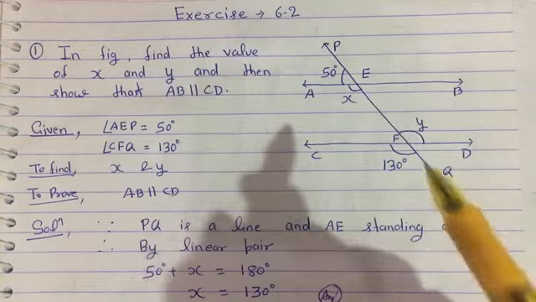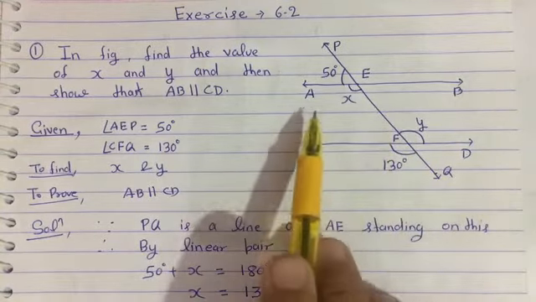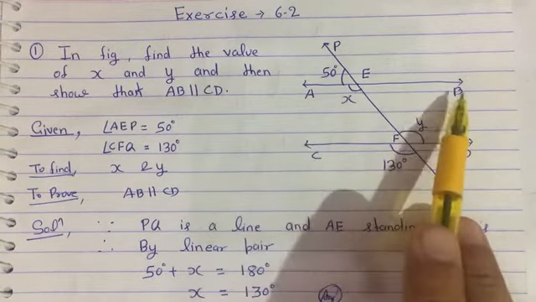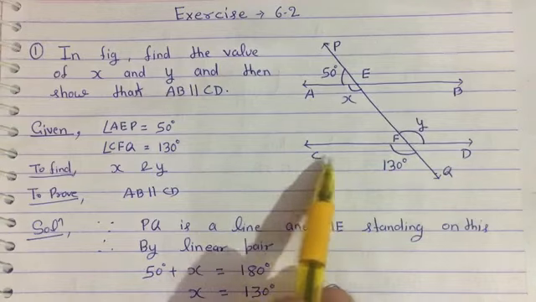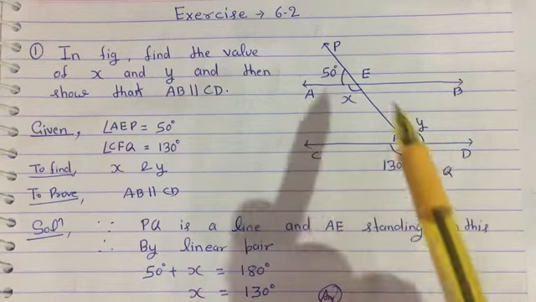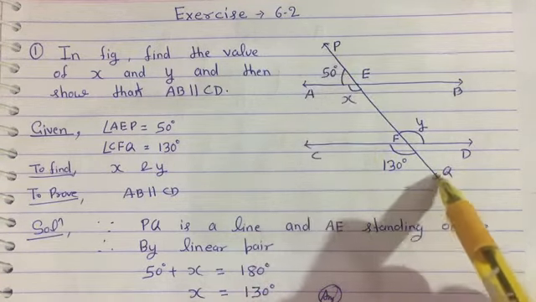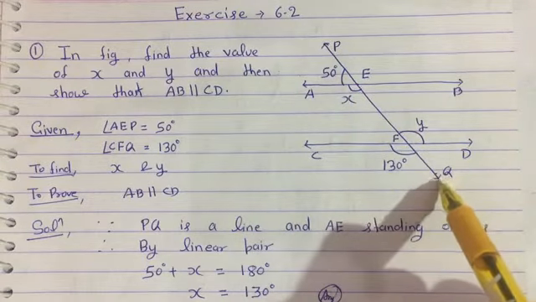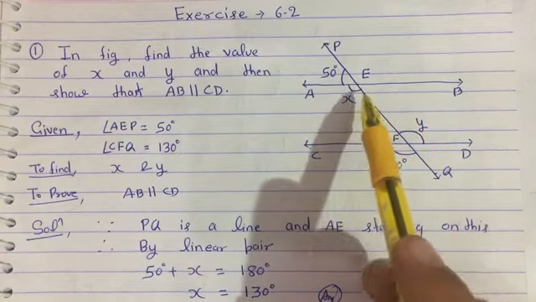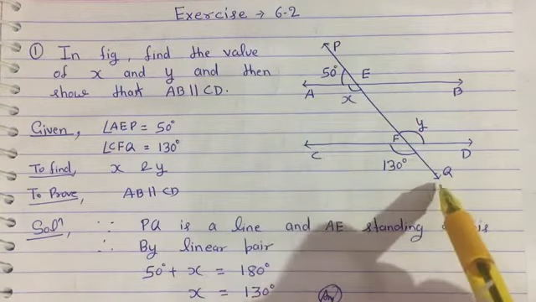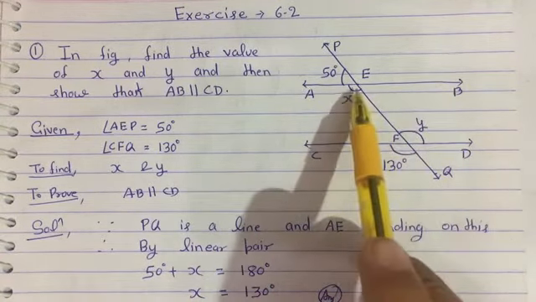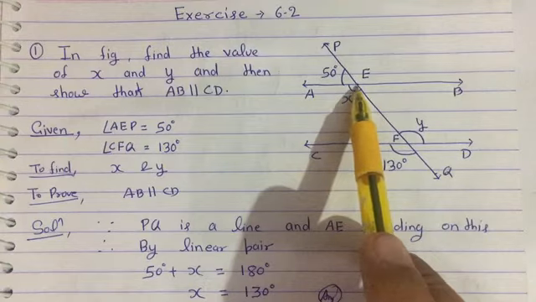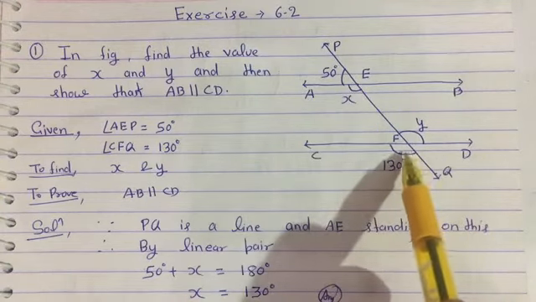Okay, here there are two lines, first is AB and second is CD, and this is the third line named PQ. Okay, this line PQ intersects AB at E and CD at F.